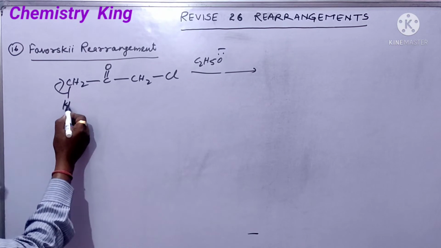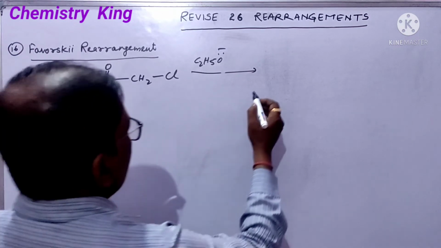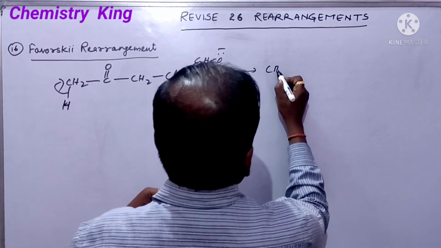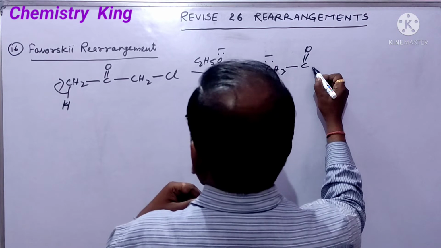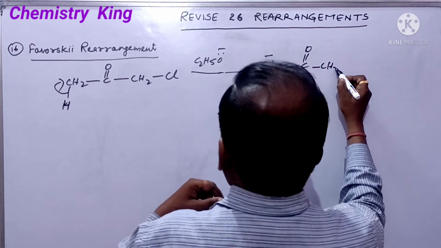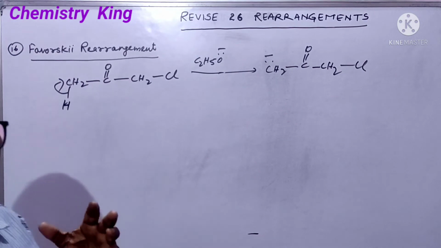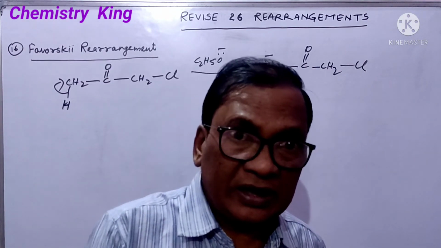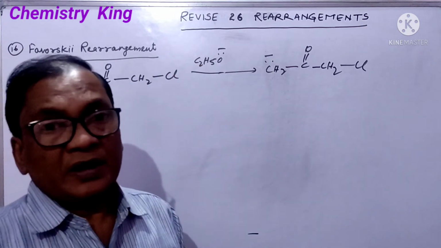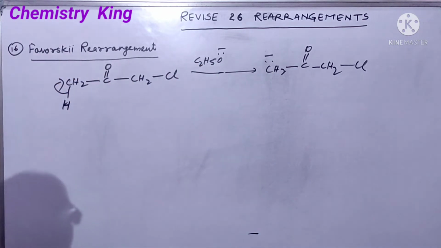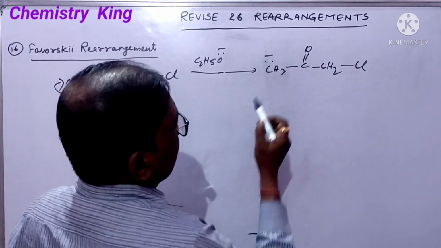This base will extract this hydrogen. Why not this hydrogen? Suppose it is a carbanion. Again I am repeating that the Favorskii rearrangement also involves an electron rich intermediate, that is a carbanion, like the Neber rearrangement. Okay. This negative charge is stabilized by resonance.